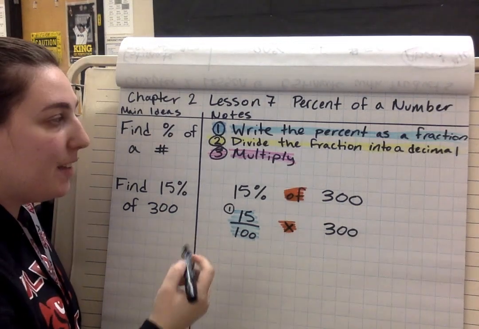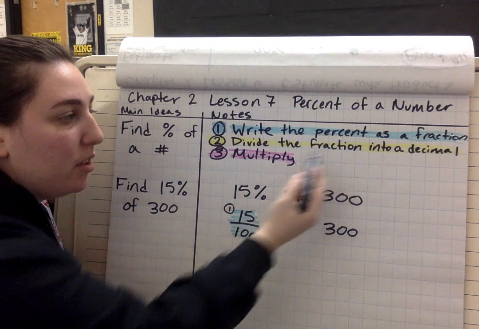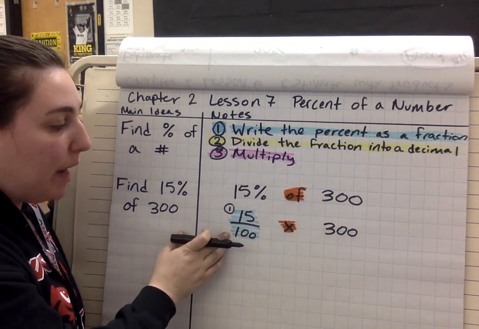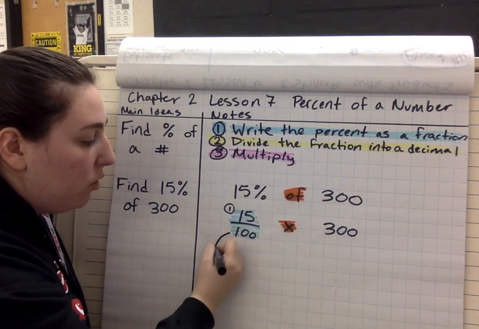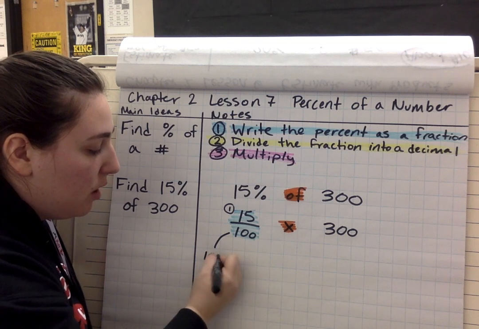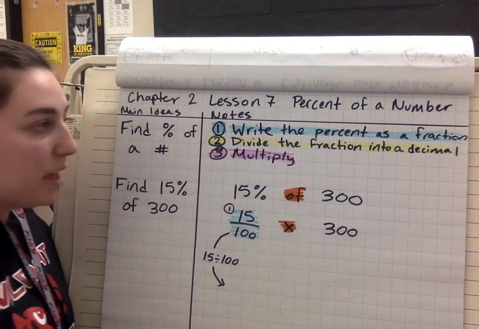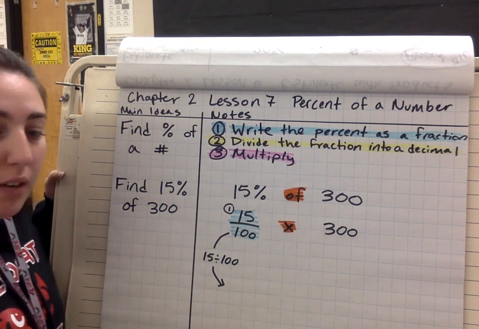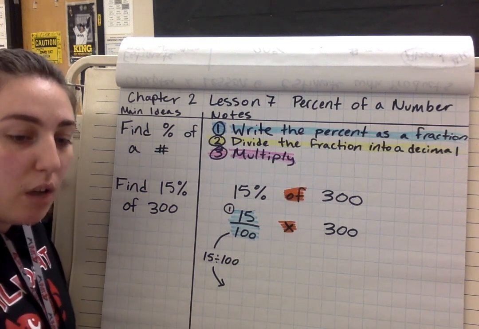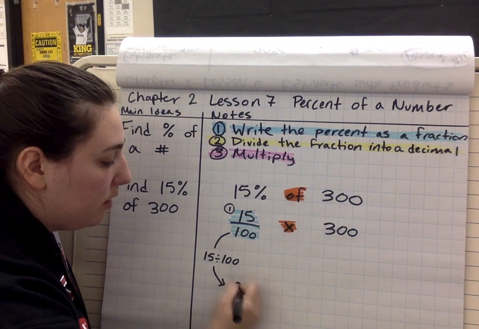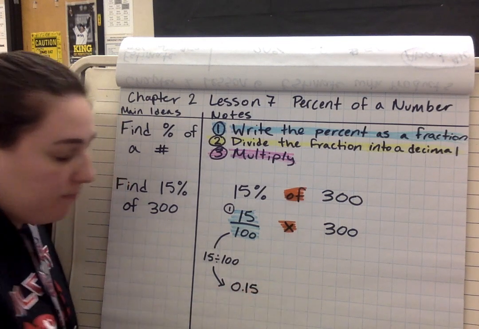Okay, so our second step is to divide the fraction into a decimal. So we have our fraction. Now we're going to divide numerator by denominator to get our decimal. So if we put in 15 divided by 100 into our calculator, we're going to get 0.15.